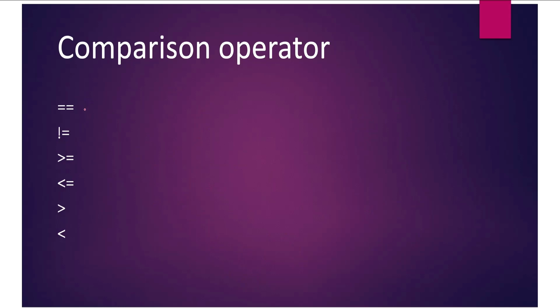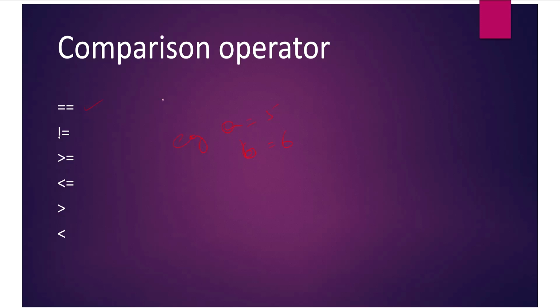Comparison operators. What do you mean by comparison operators? There are two operands, and we want to compare whether they are equal, not equal, or one number is greater than the other. Let's see an example. We have a equal to 5, b equal to 6.